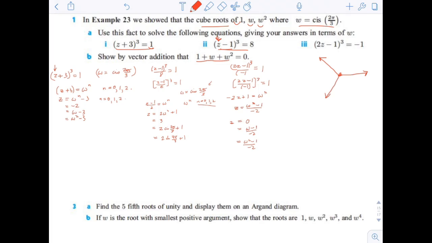So do you see how 1, omega, and omega squared are all pointing 120 degrees different from each other? So if you put these vectors head to tail, you would have the 1 vector there, and then the omega vector there, and then the omega squared vector there, and if you add them all together, they sum up to 0, right? That's all you need to do.